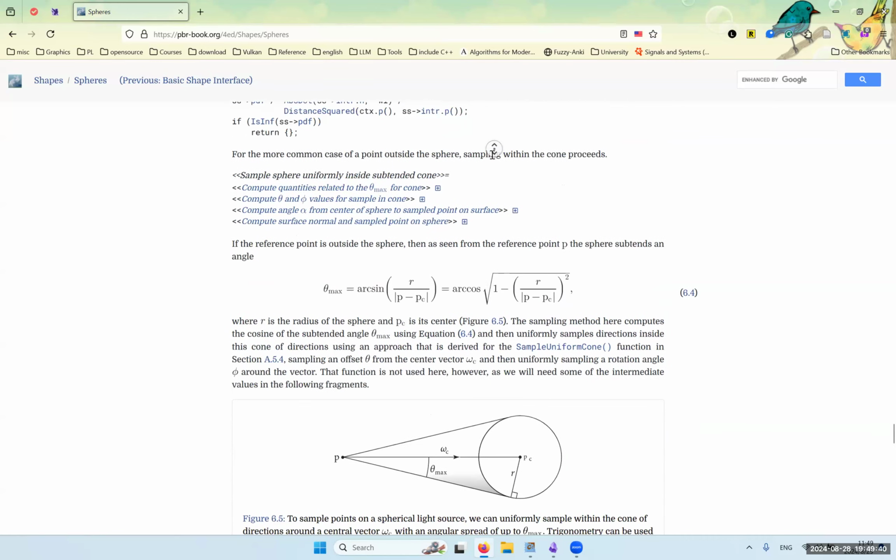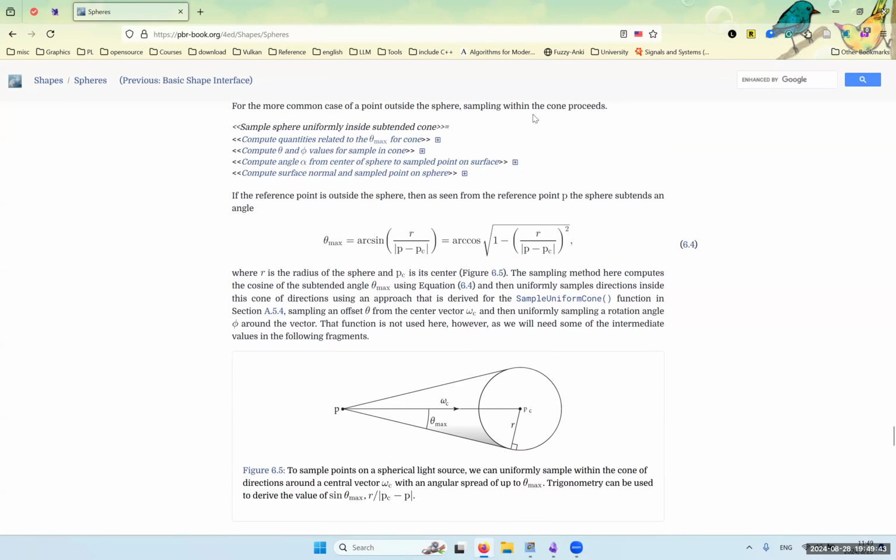For the more common case of a point outside the sphere, then sampling with the cone proceeds. If the point is outside the sphere, then as seen from the reference point P, the sphere subtends an angle. Oh, I see.